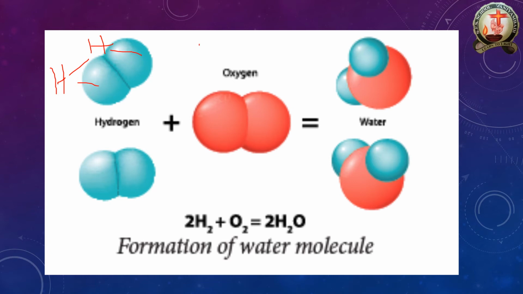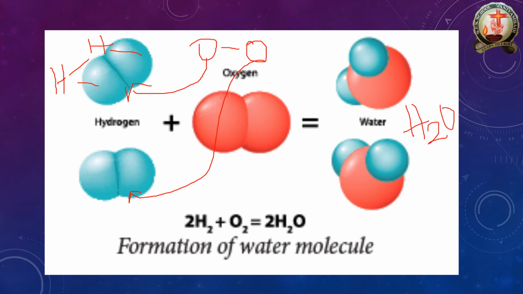Just now I showed one O compounded with another O, with one bond added to another O. So this oxygen came and attacked here, and we get the water molecule. Water molecule is H2O. See the formation of the water molecule: 2H2 plus O2 gives 2H2O. Now you can understand how molecules are formed.